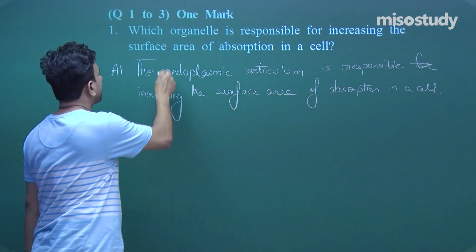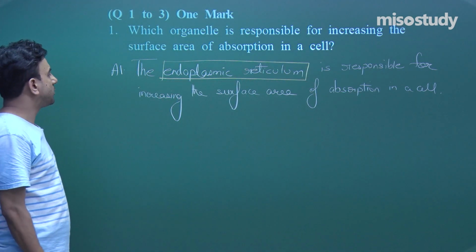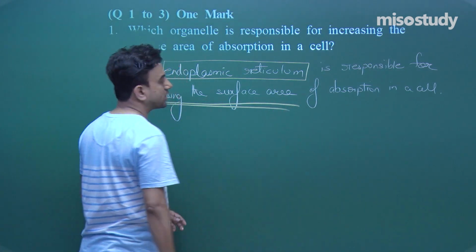So the endoplasmic reticulum is responsible for increasing the surface area for absorption in a cell.